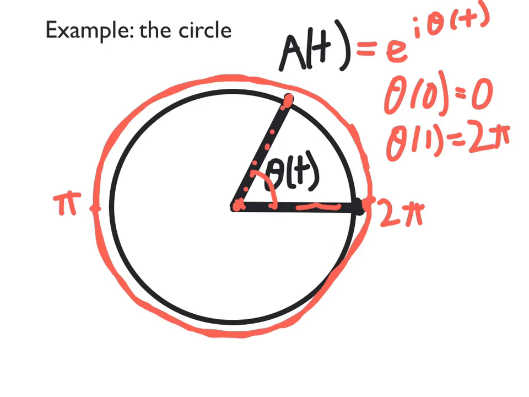So although we got back to where we started in the space, the angle, or the argument, has changed by 2 pi. So if you've seen taking logarithms in complex numbers, this is exactly that kind of phenomenon that you get, where the argument jumps by an integer multiple of 2 pi. So we can actually use this idea to show that the fundamental group of the circle is the integers.